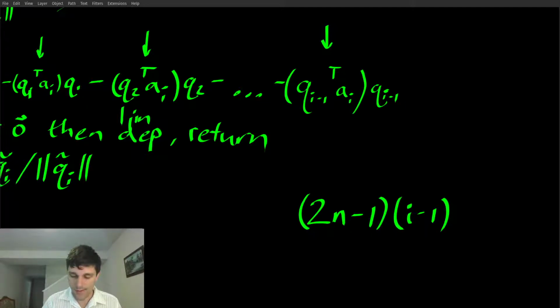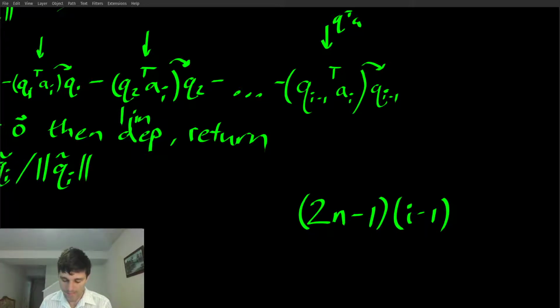Those are the inner products, the q transposes. Then we need to scale each one of the previous q's. That's this operation here, right? And there's again i minus 1 of those, and that's going to be scaling a length n vector, right?